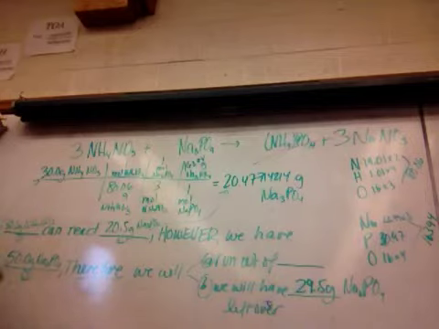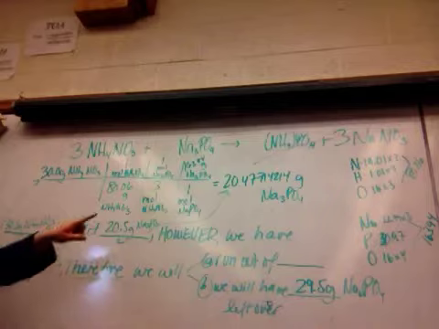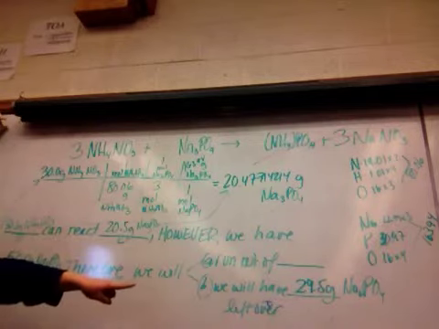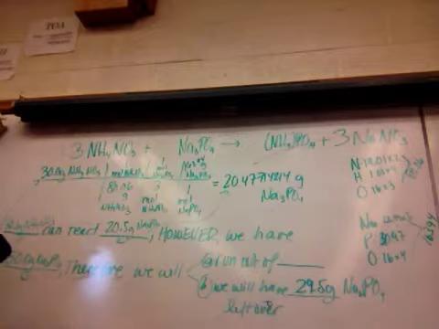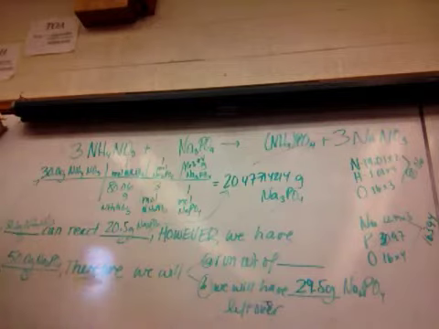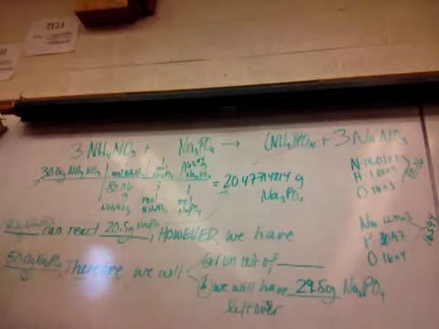So we now know that the sodium phosphate is the excess and we know how much is left, which means the other one is the limiting. If we had started off with the sodium phosphate and gotten our answer in ammonium nitrate, we would have had to do a second factor label to figure out how much we were going to have left over.